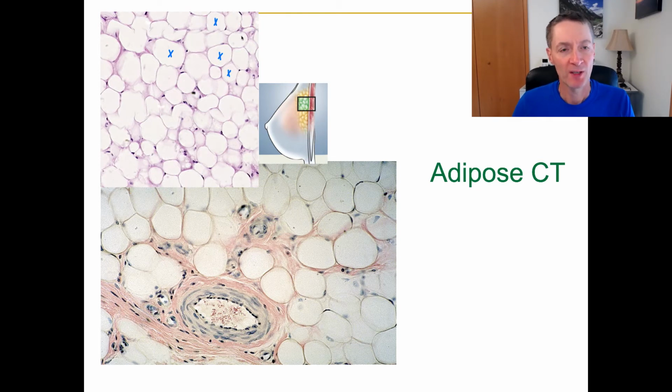So adipose connective tissue is absolutely synonymous with fat tissue, and these are going to be filled right up with lipids. So we can't start thinking that these are surfaces here along the way.